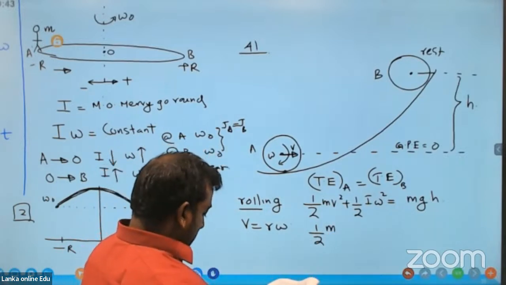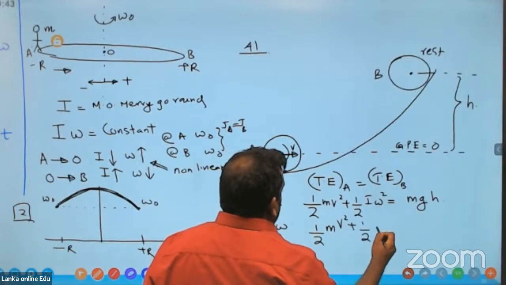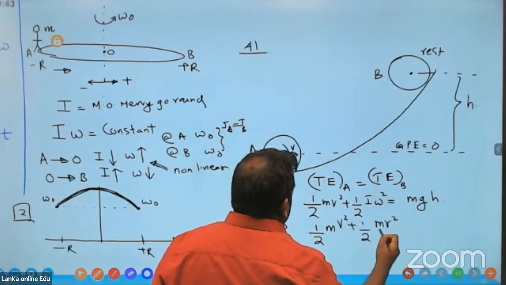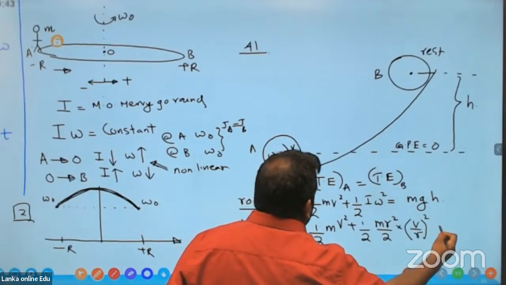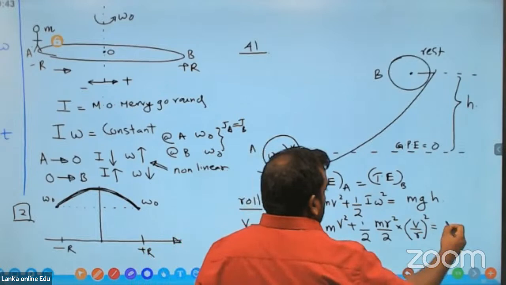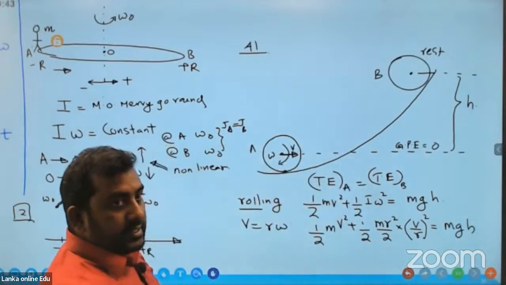They want it in terms of v. Half m v squared, moment of inertia is mr squared over 2, omega is v over r, whole thing squared. That is equal to mgh.